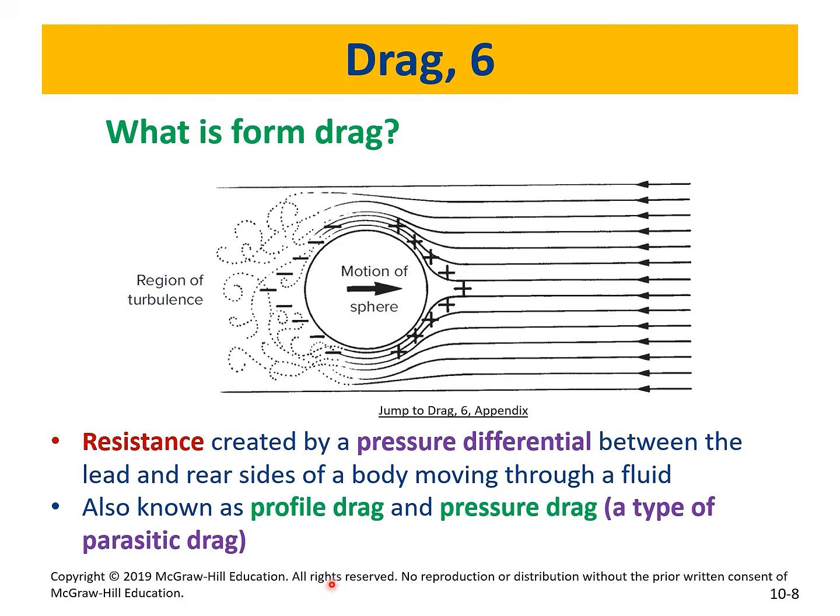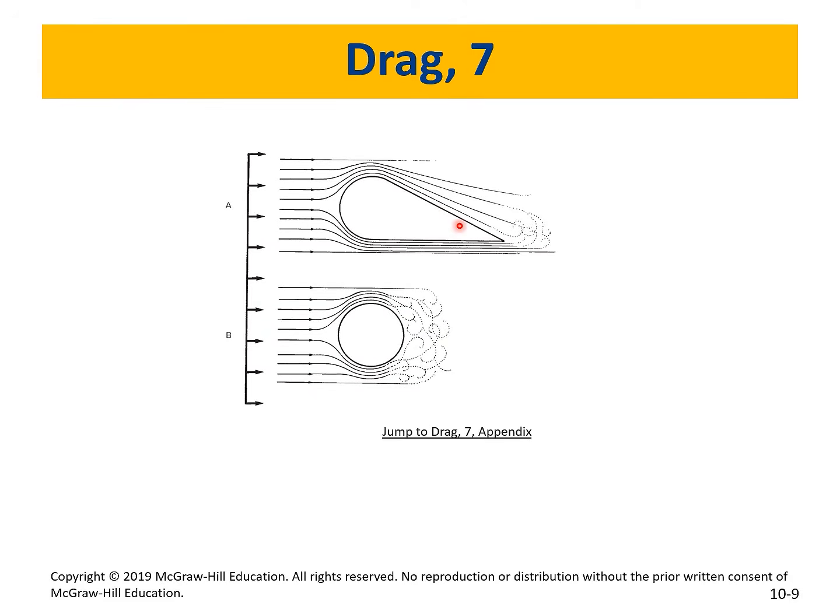Cool. Also, it's called profile drag as well, or pressure drag, and also it's a type of a parasitic drag. There are different types of these, but this is the most common one that we deal with. Now, this is a design to reduce the difference in pressure between the head and the tail of the object, and this is how we design actually the wings of airplanes to reduce the drag pressure.